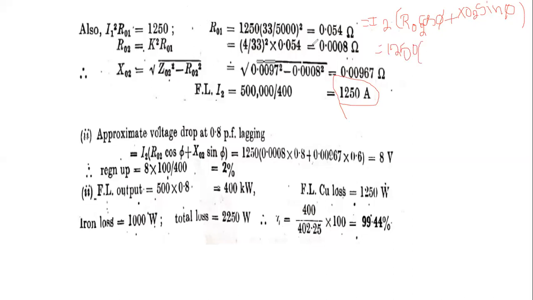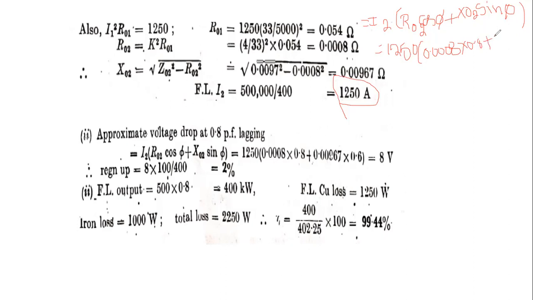What is the R02 value? That is 0.008 into cos phi, which is 0.8, already given in the question, plus X02. What is the X02?